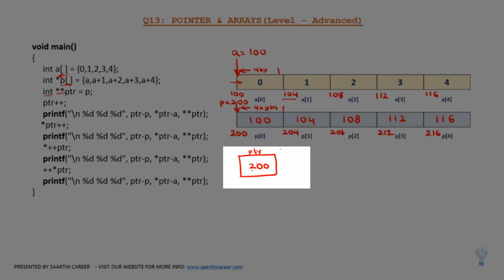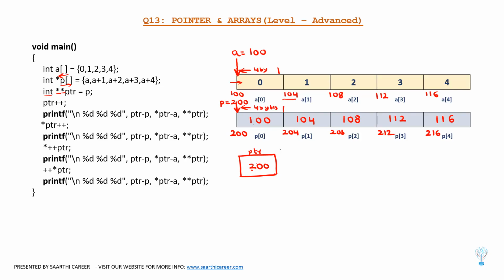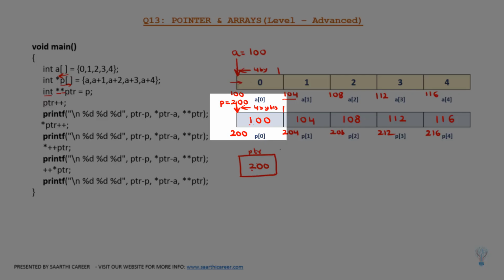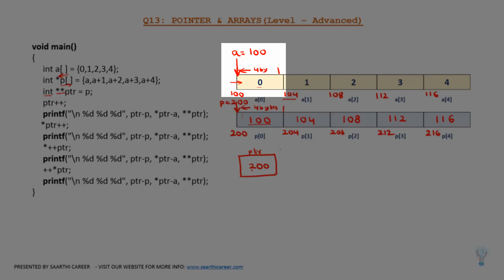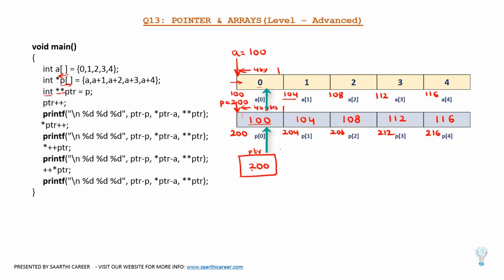If I dereference 200 once, star of 200 is the value inside this 200 block, which is 100. And then star of 100 is the value inside this 100 block, which is 0. So I require two dereferences from ptr to reach the value 0, and hence we require two stars here, indicating ptr is a pointer to a pointer.